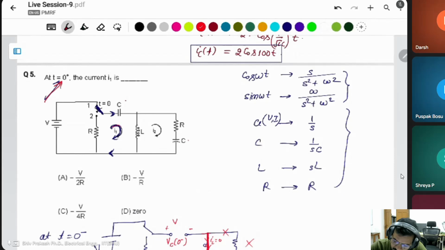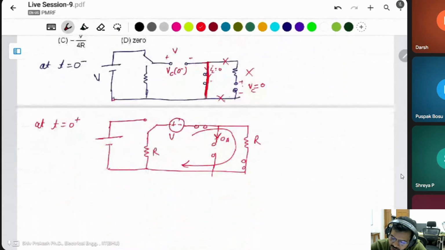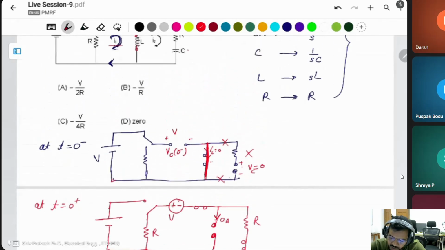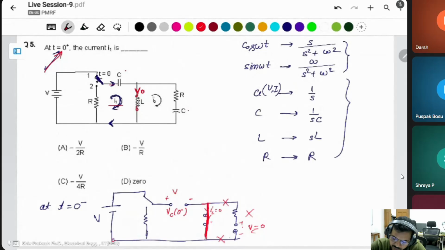This current is flowing when this current is something. But this current is zero because of the open circuit at initial. At initial, this current is the open circuit. That's why there is no current in this loop. This loop has some current, but this loop and this loop have zero current.